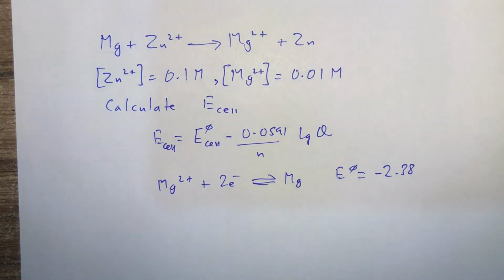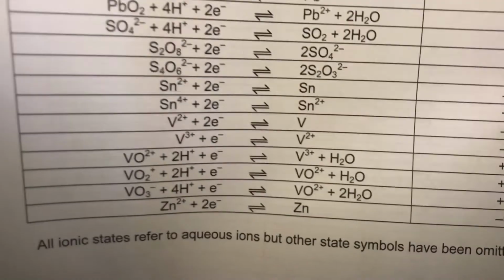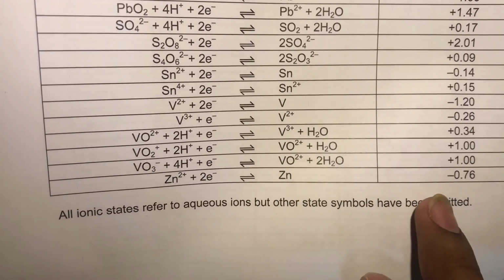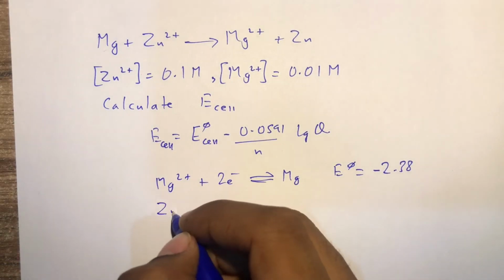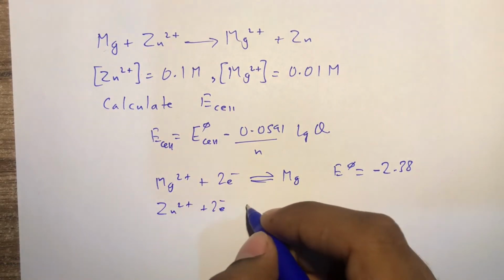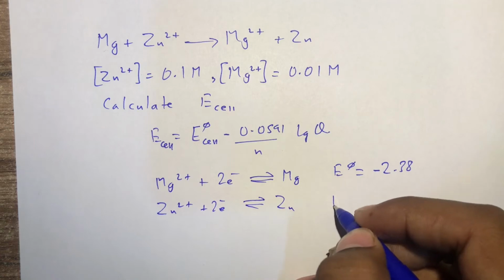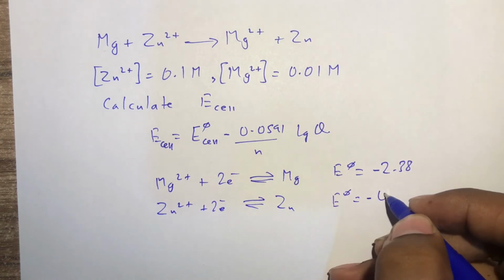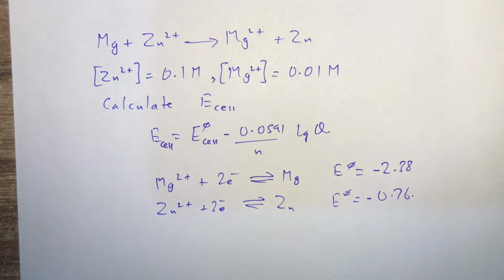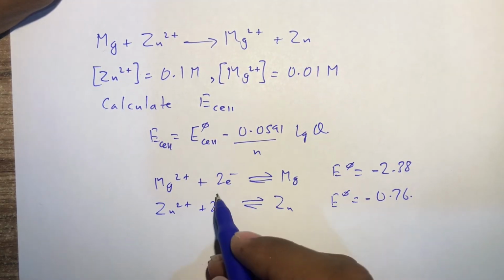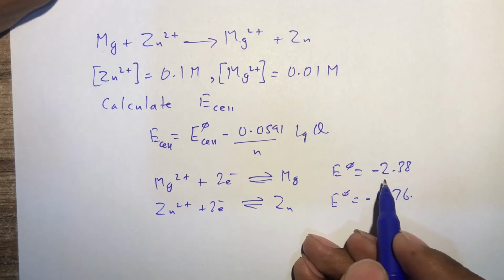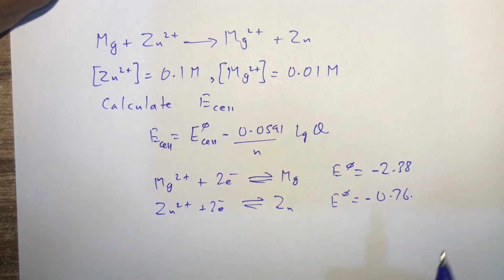For zinc, it's Zn2+ plus 2 electrons, and Zn E naught is negative 0.76. Okay, so we'll be flipping the magnesium equation because it has a more negative SEP value, right?